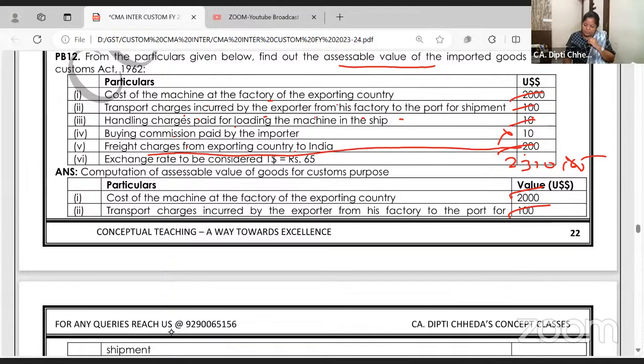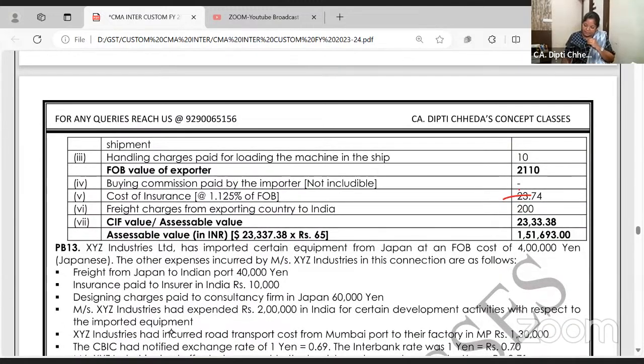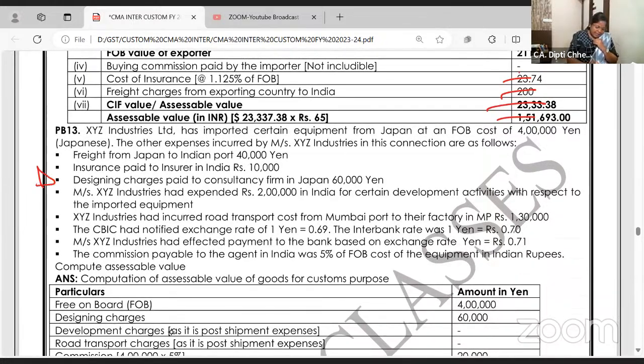Freight from the exporting country 200. Okay, you're getting this, and the currency rate and all is given. Okay, check. This is a nice problem.